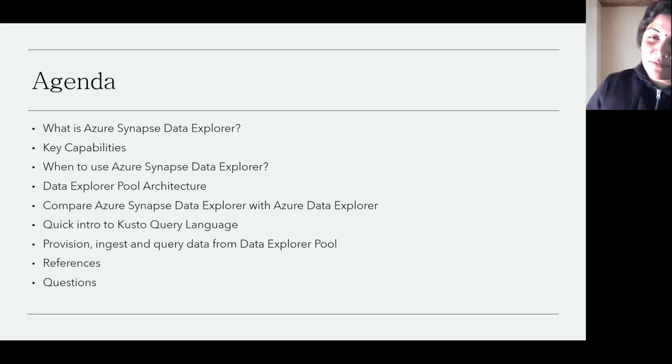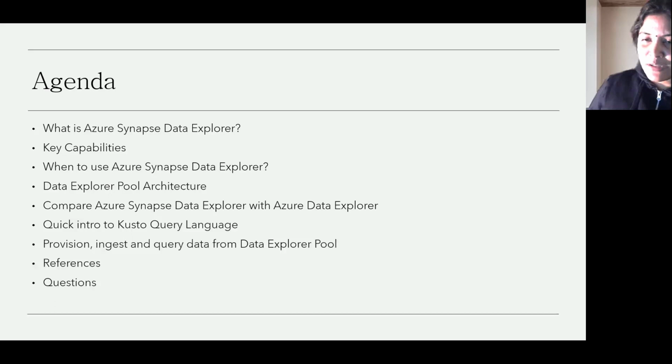But what is the difference between Azure Data Explorer and Synapse Data Explorer? This is similar to the difference between ADF, Azure Data Factory, which is outside as a service, and Synapse pipelines. Similarly, we will do a comparison between these two.